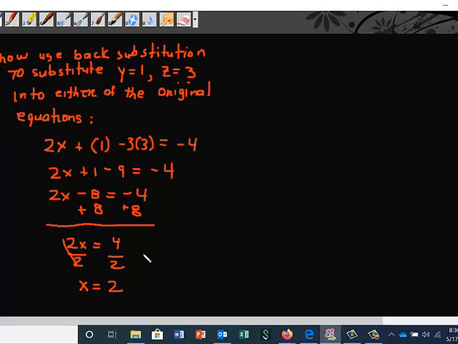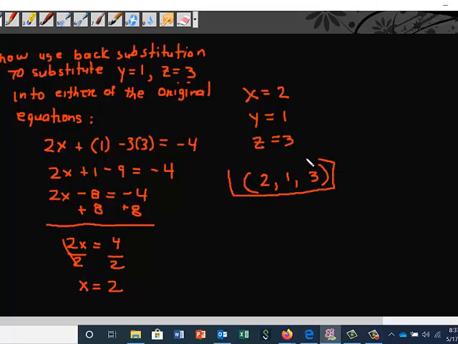So we have our solution, and our solution is x is equal to 2, y is equal to 1, and z is equal to 3. It'll look like this. This is our final answer.